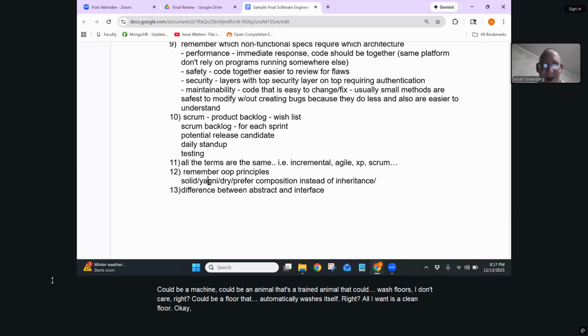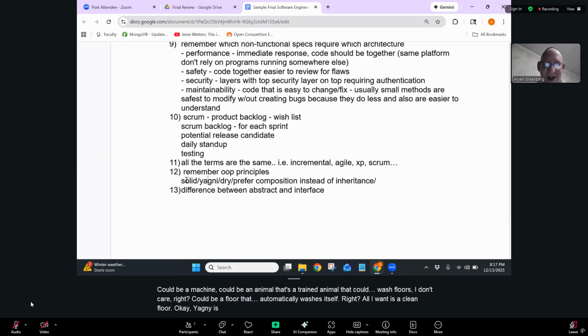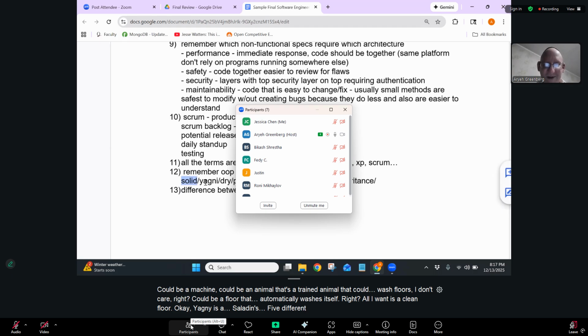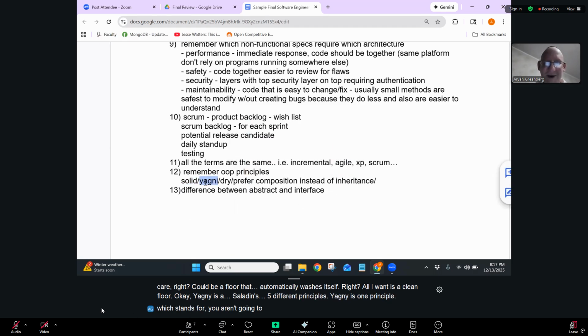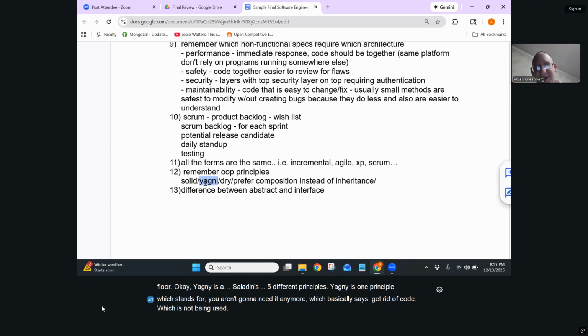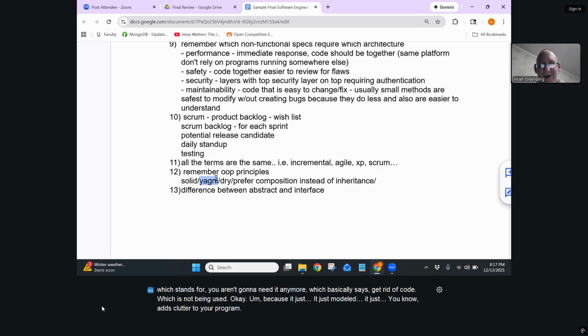Okay, SOLID is 5 different principles. YAGNI is one principle, which stands for you aren't going to need it, which basically says get rid of code which is not being used, because it just adds clutter to your program.